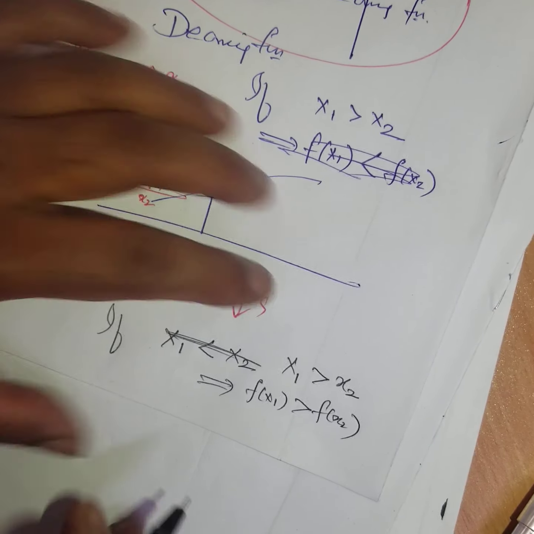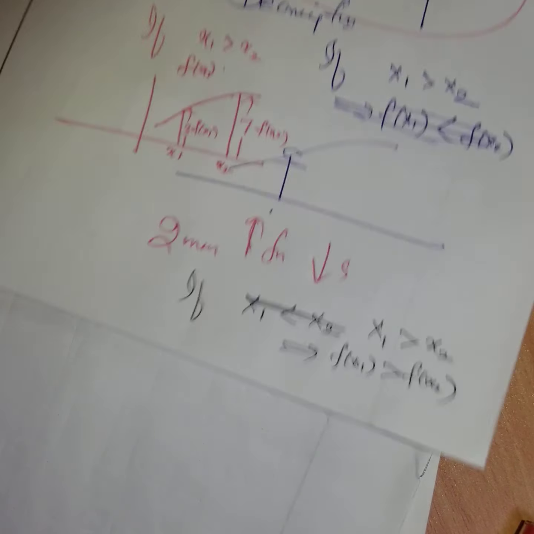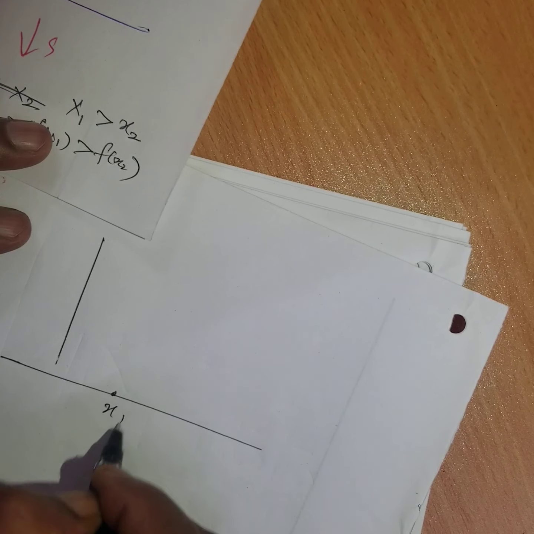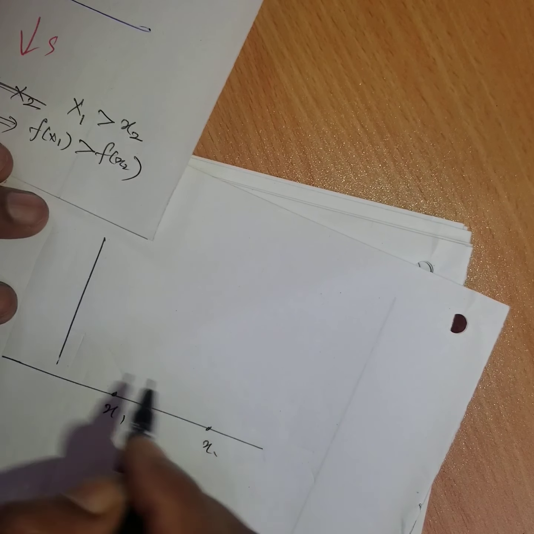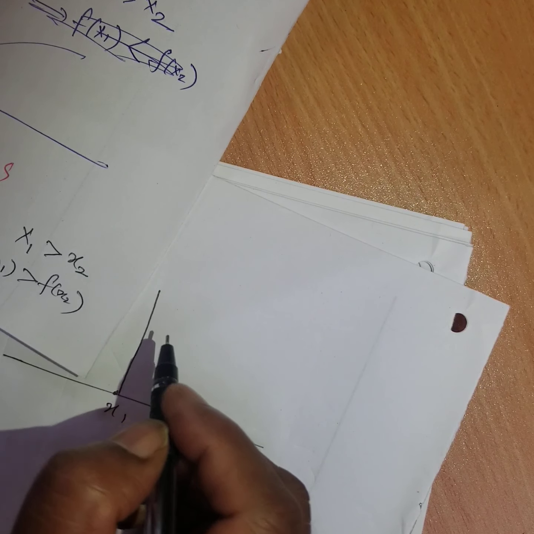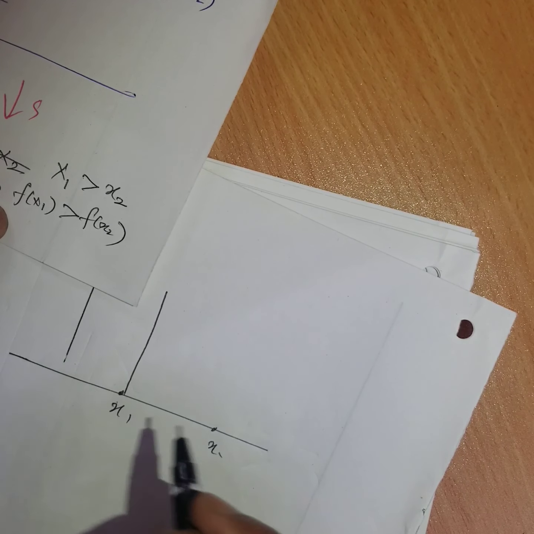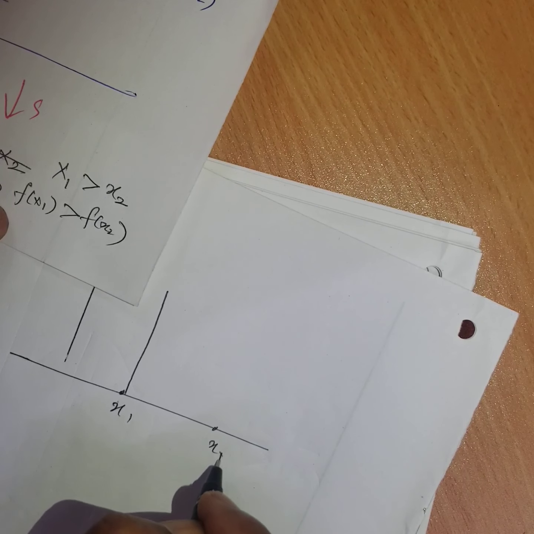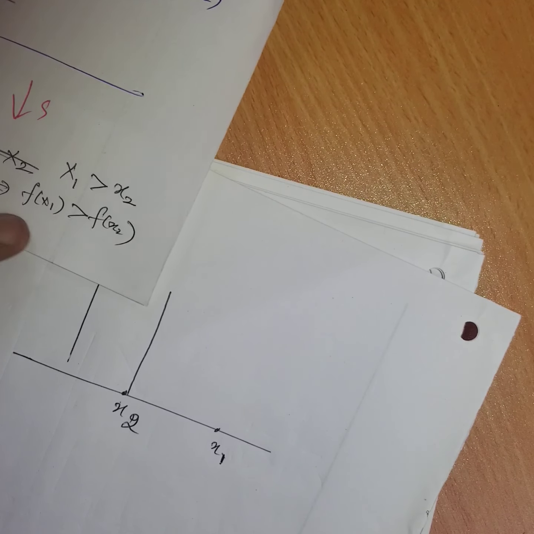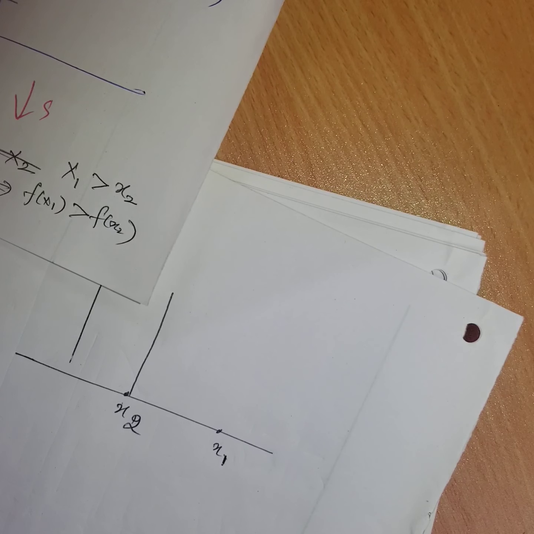Then how to represent this diagram? This is x1, this is x2, right? Which is x1? This is x1. This is x2 in this case. Can you follow? x1 is greater than x2.